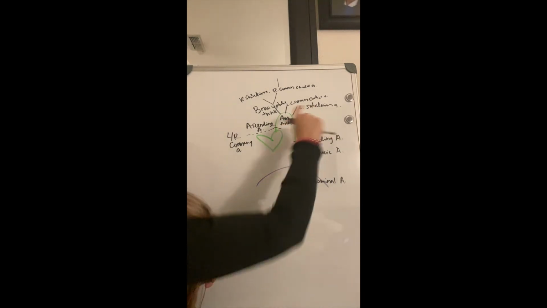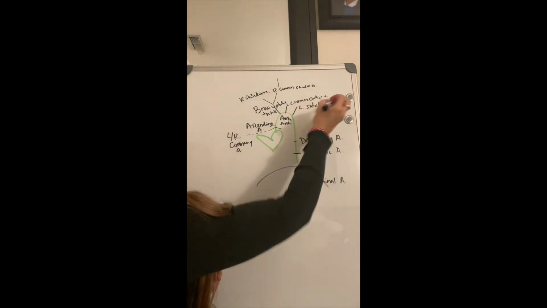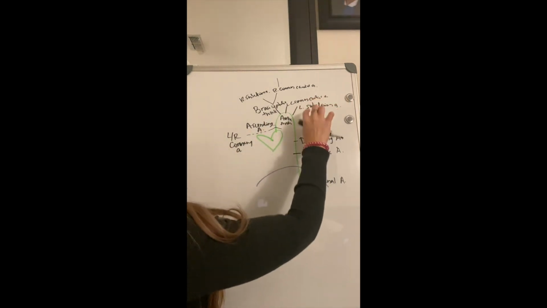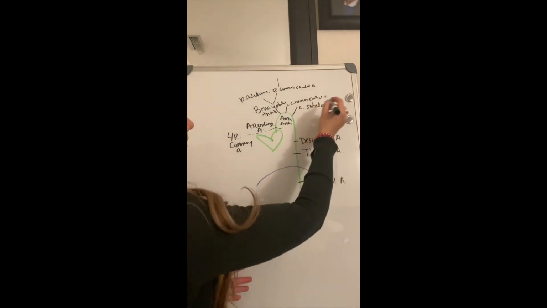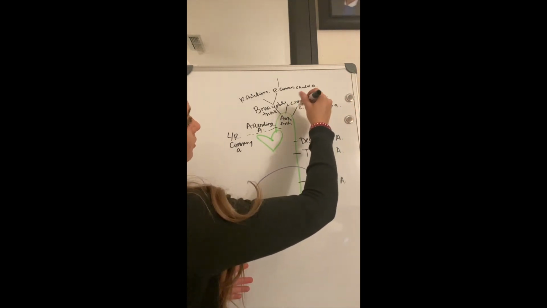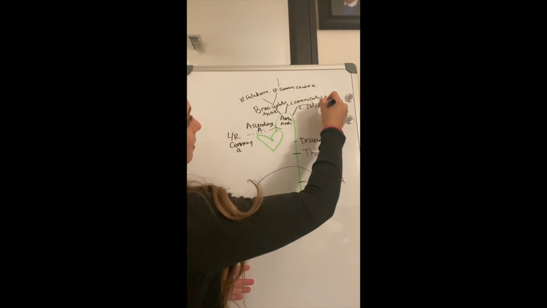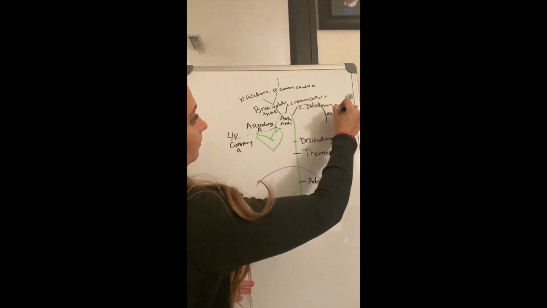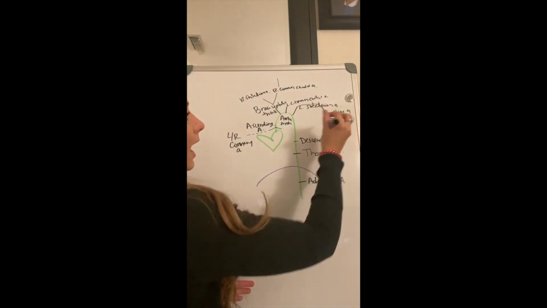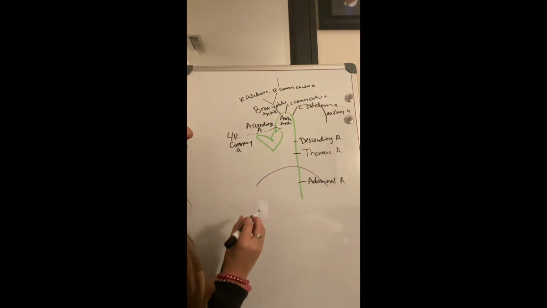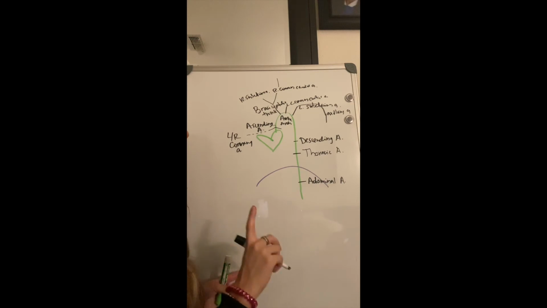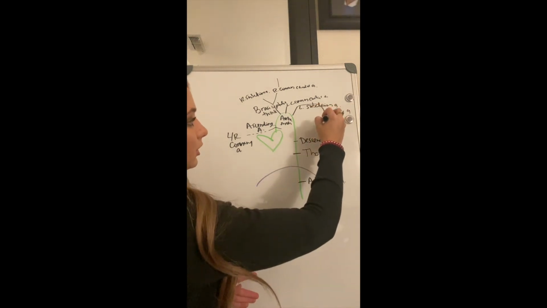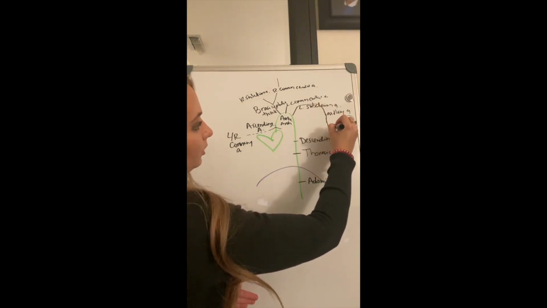Now, if we take a look at some of the arms, the left subclavian artery, as it travels through, will then become something called the axillary artery. After the axillary artery passes by the first rib, it then turns into the brachial artery.